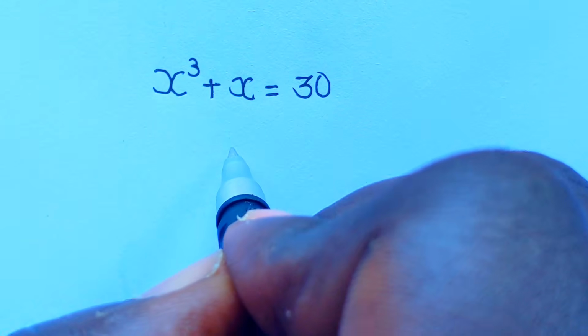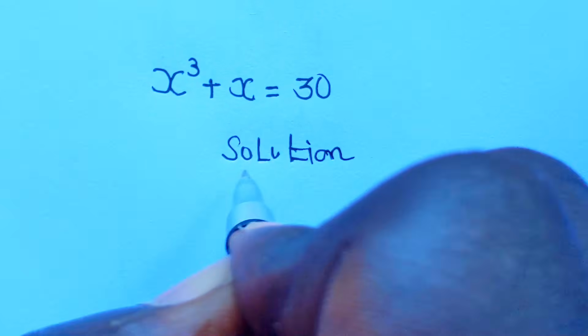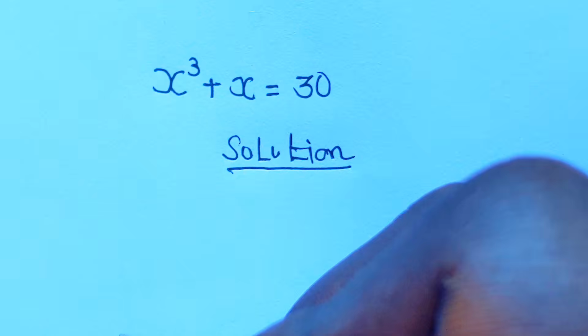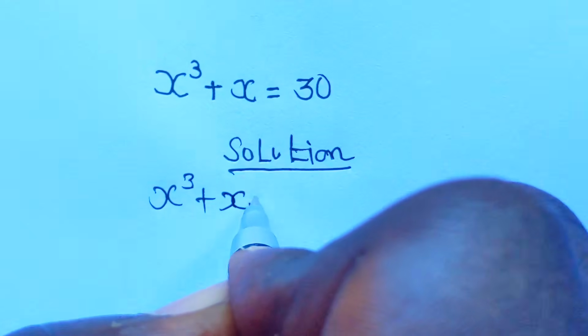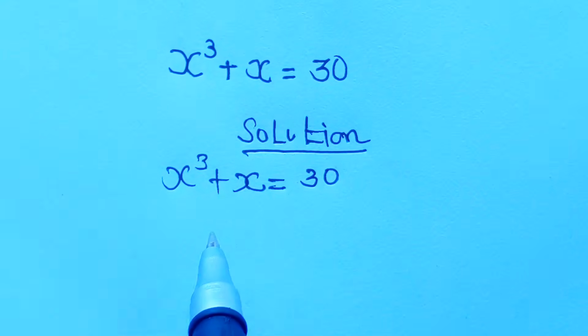And here, let's provide a solution. The first thing is to copy what we have: x power 3 plus x equals 30. Let's solve this one very quickly.